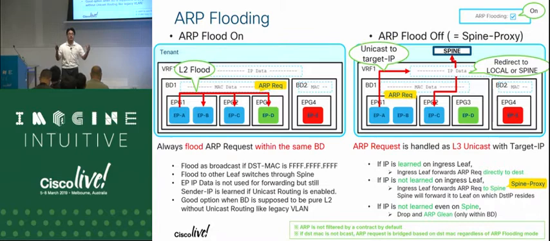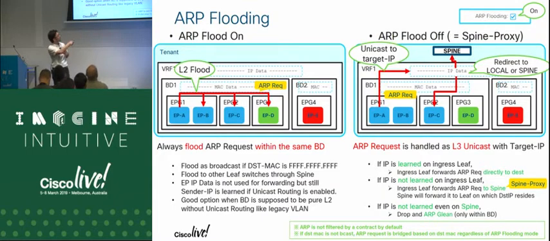That is the same as a normal switch. Then, when we disable the ARP flooding option, when we receive an ARP request, we check the ARP header and then check the target IP. Then instead of flooding, we do the routing based on that IP information.